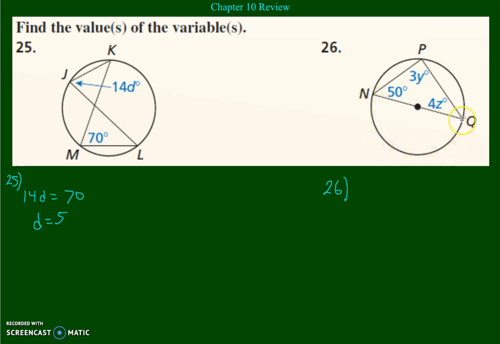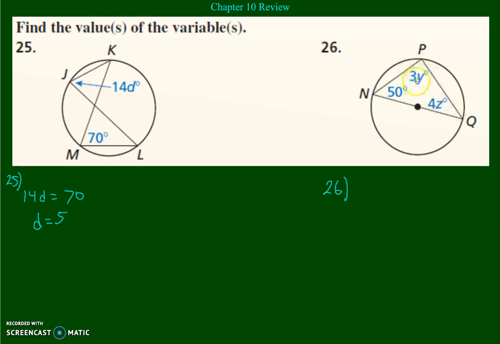We know the measure of a semicircle is 180 degrees. Well, since an inscribed angle is 1/2 its intercepted arc, we know that this angle has to be 1/2 of 180, which is 90 degrees, which makes this a right angle. And that makes triangle PNQ a right triangle.